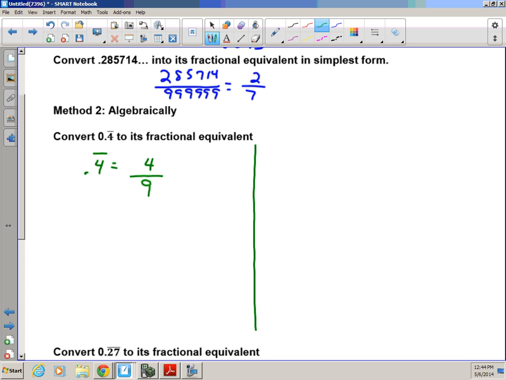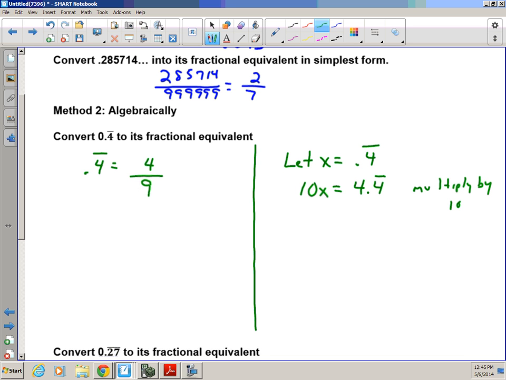Now, how does this work algebraically? And this is why the shortcut rule works, so that's why I'm showing it to you. What we do is we say let x equal the repeating number. Since it's to the tenths place, I'm going to multiply by 10. So 10 times x is 10x, and 10 times 0.4 repeating is 4.4 repeating.